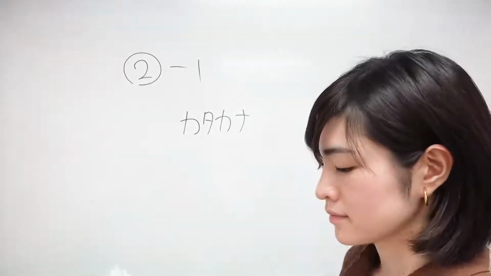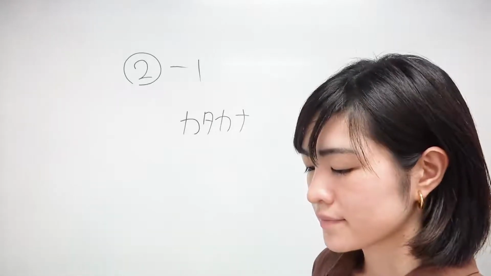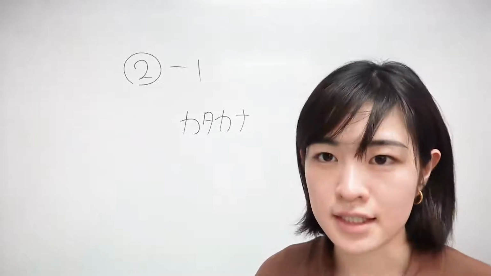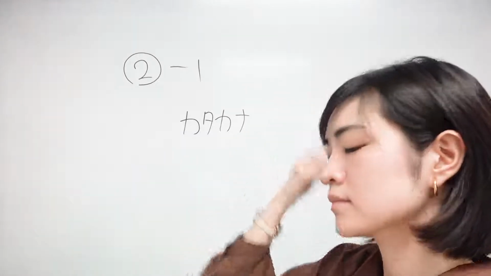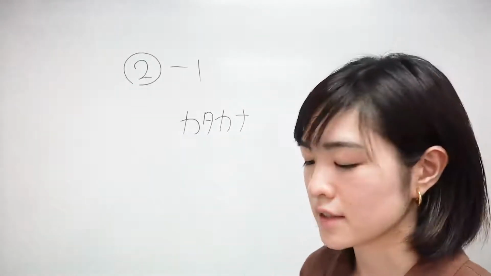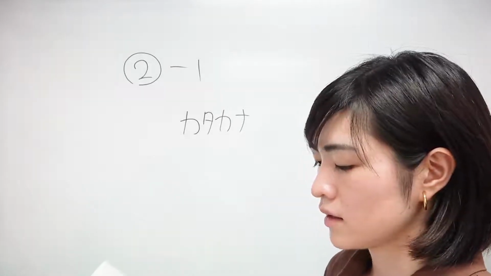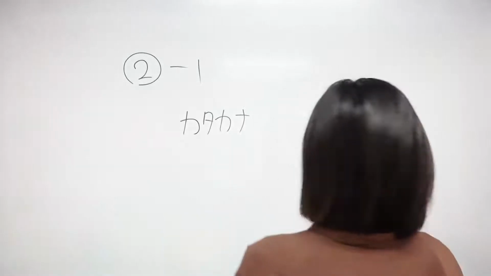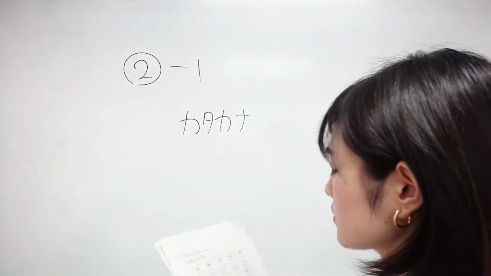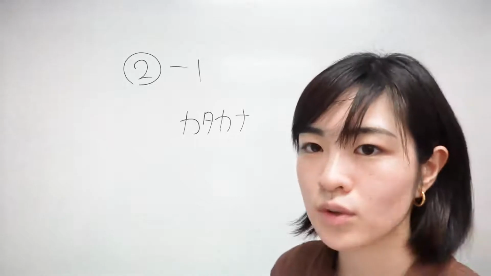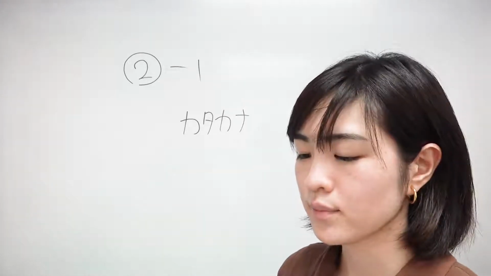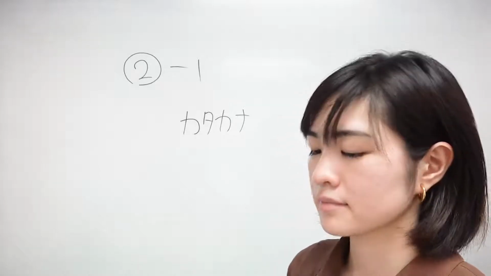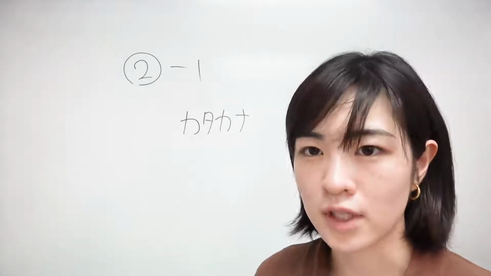Next one. イギリス。Right, the United Kingdom. Britain. Next one. オーストラリア。This is Australia.